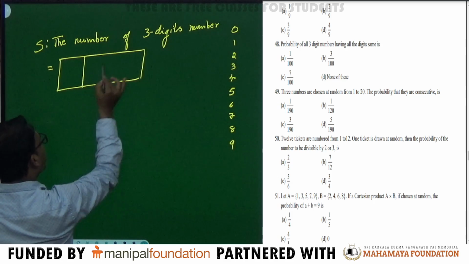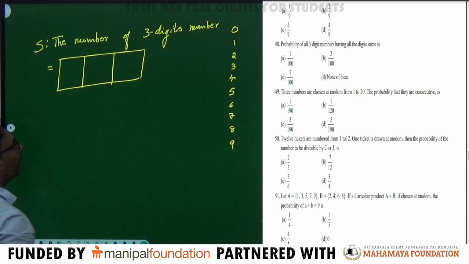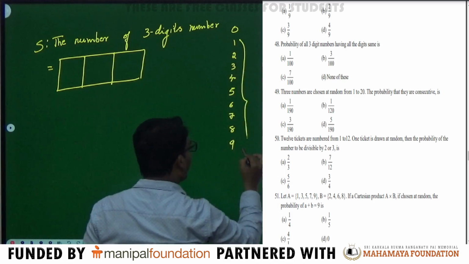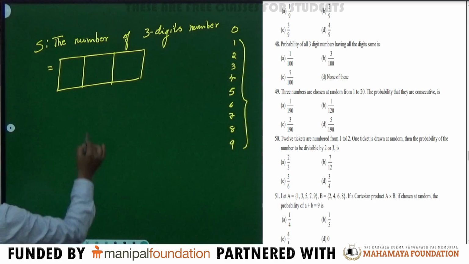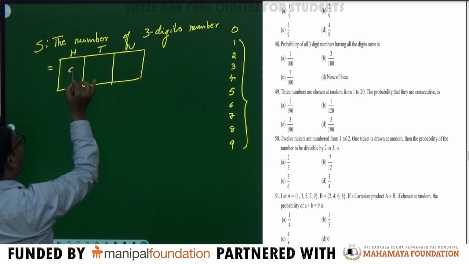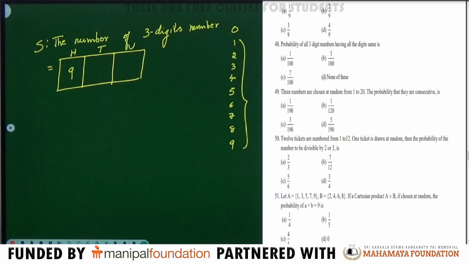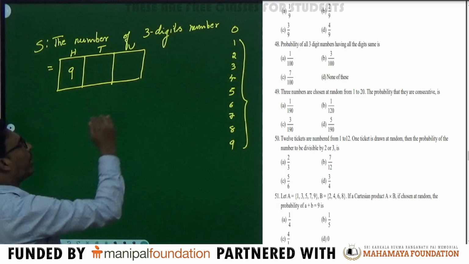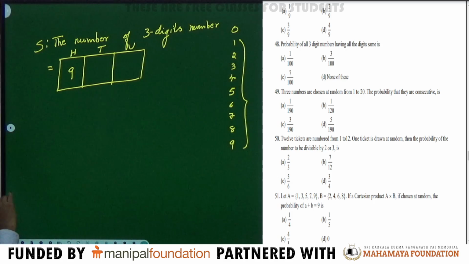To form a 3 digit number, the hundreds place cannot be 0, it must be non-zero. There are 9 non-zero digits, so I can choose the hundreds digit in 9 ways. It may be 1, 2, 3, 4, 5, 6, 7, 8 or 9.